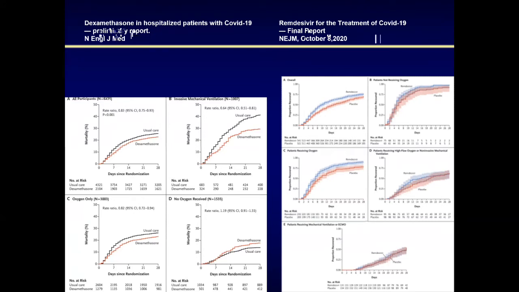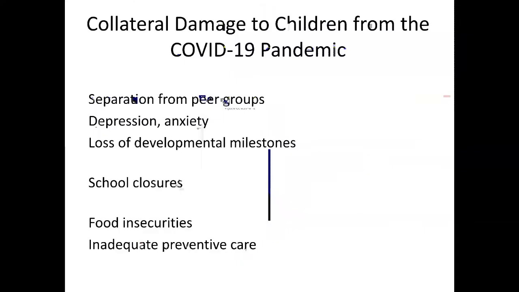The study with remdesivir looked at patients in different ranges of illness, whether they needed no respiratory support or varying levels of respiratory support. And there were some incremental improvements in length of hospitalization and duration of illness in those treated with remdesivir.